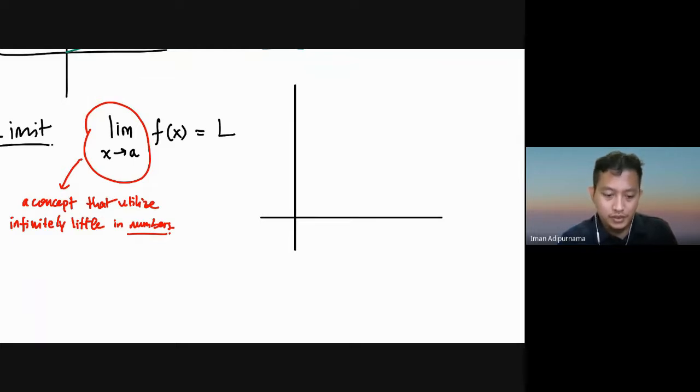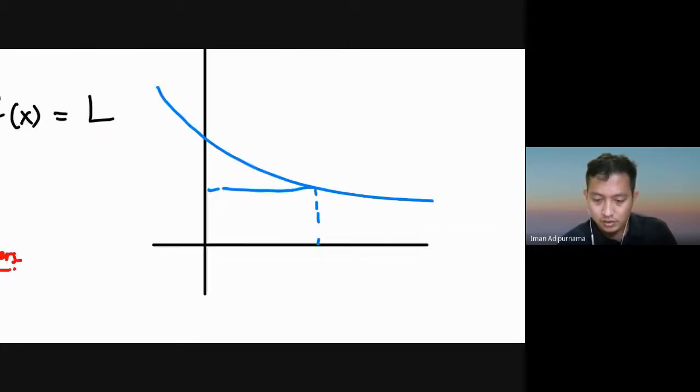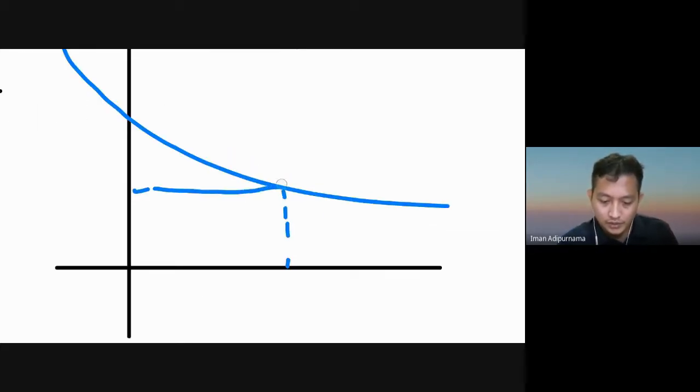So for the first time, let me make this. Usually we have this open dot here, right? Probably because our teacher says so.